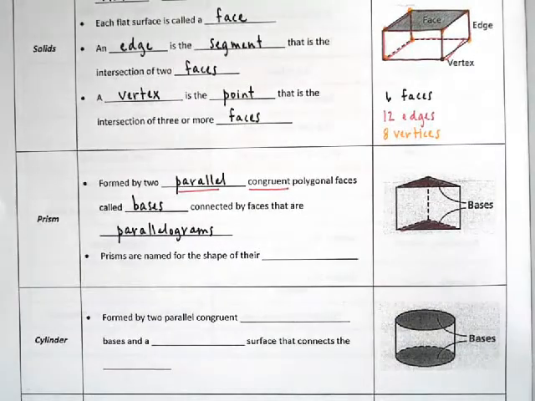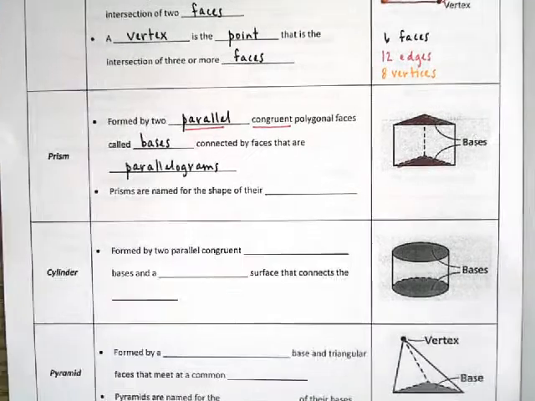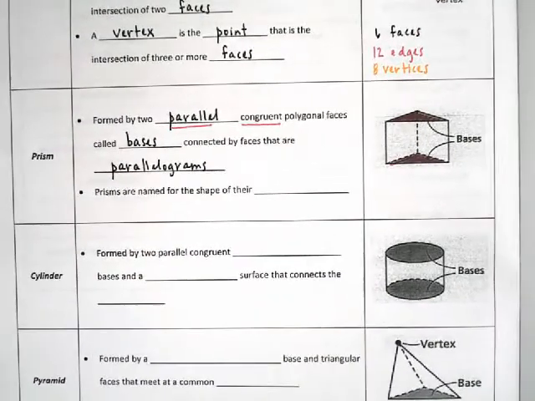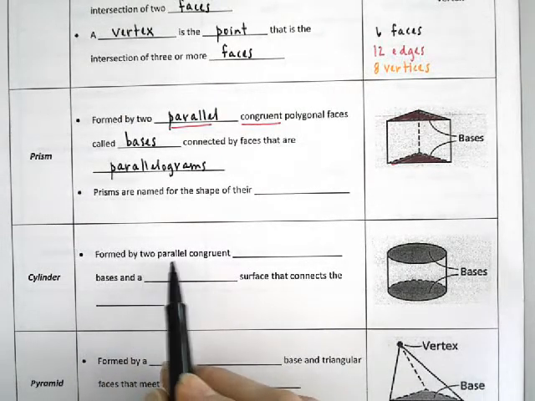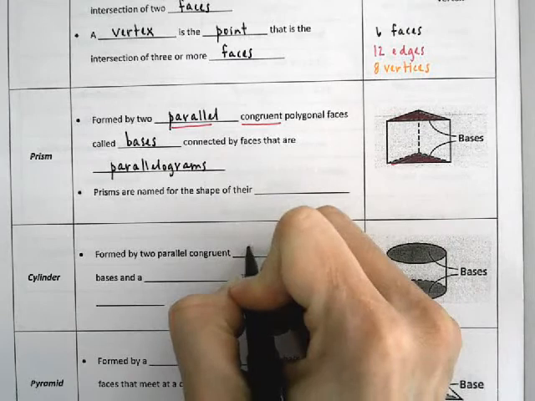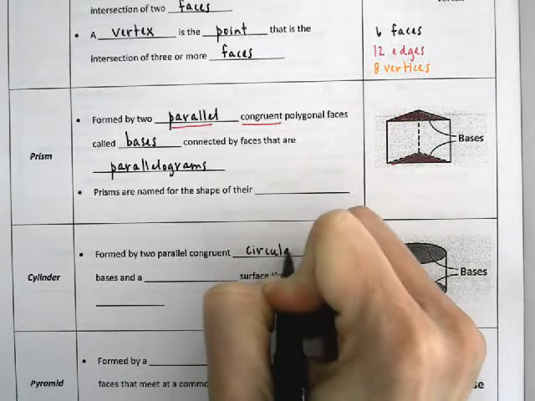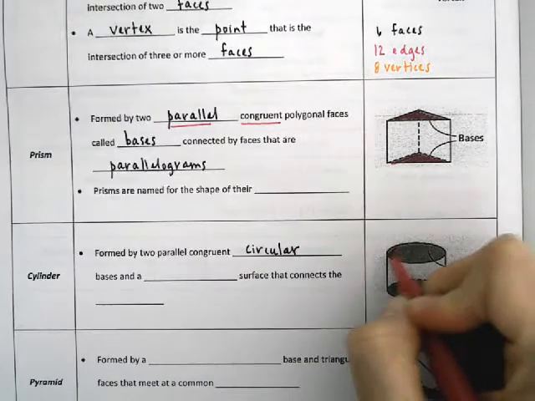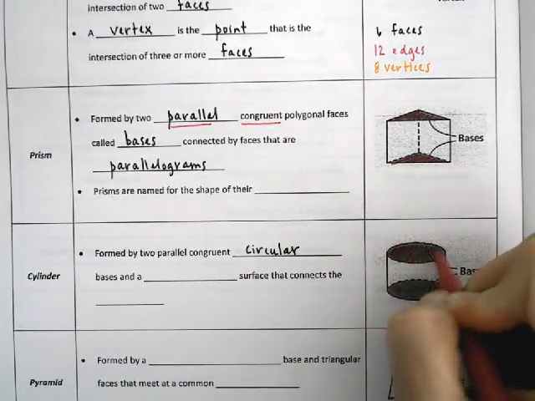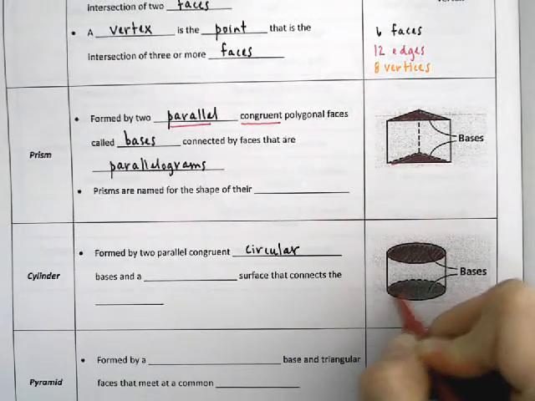The next one, which I'm sure we're all familiar with, are cylinders. These are like our soup cans. Okay, so now these are formed by two parallel and congruent circular bases. Right, so in this case, the shapes that are parallel and congruent happen to be circles.